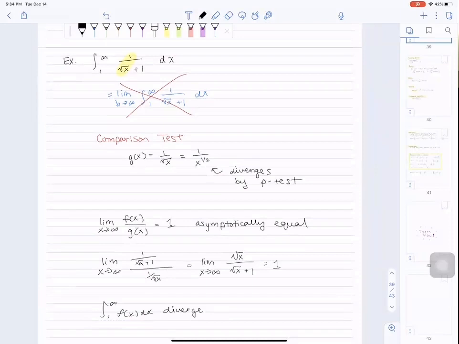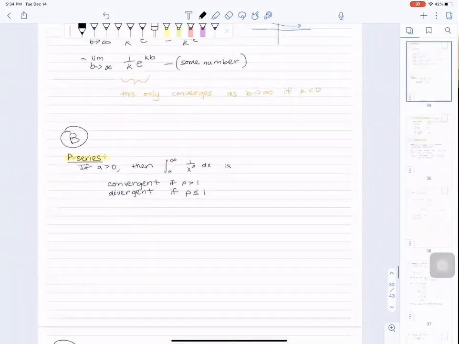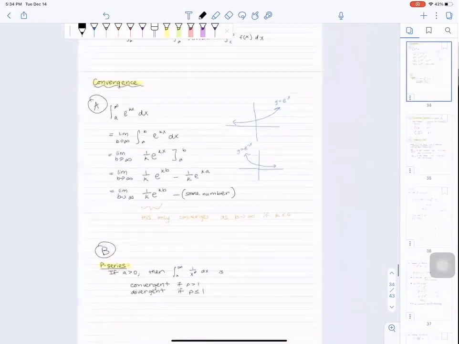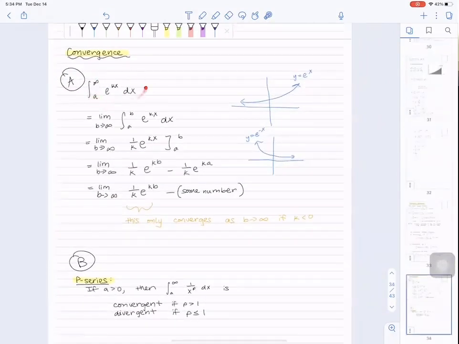What is the p-test? So p-test or p-series. The p-series was up here where I said the common convergence rules. The common ones are this. So you should cite that we know this integral converges.